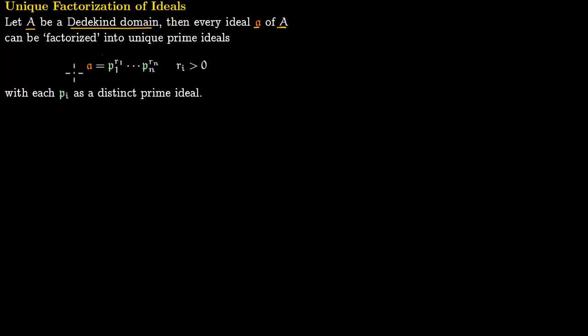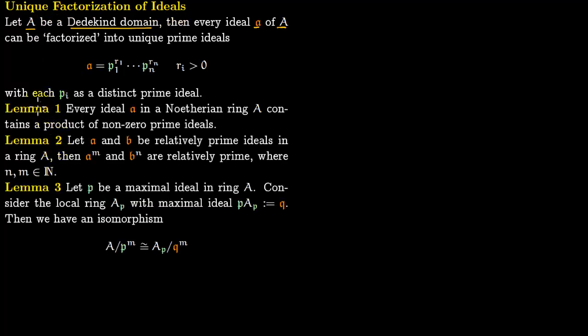To prove this, we will need three lemmas, which we will prove in the next lecture. Here we are just noting them down so that we can prove this theorem. Lemma 1 is that every ideal a in the Noetherian ring A contains a product of non-zero prime ideals.